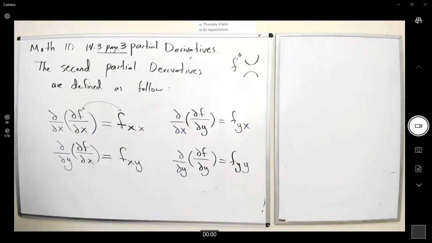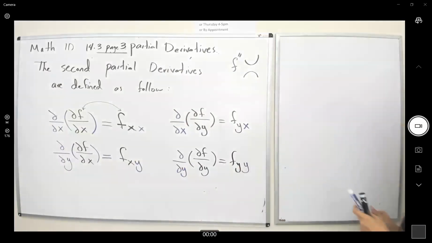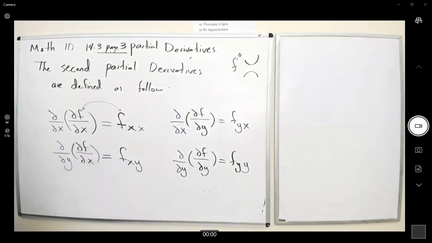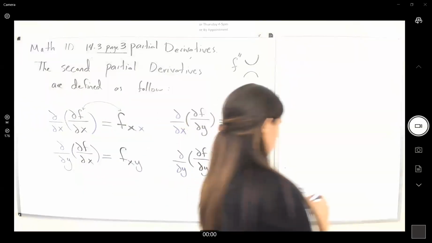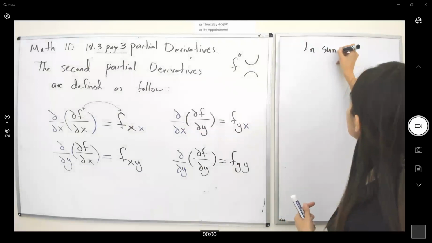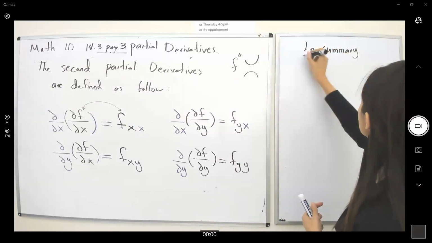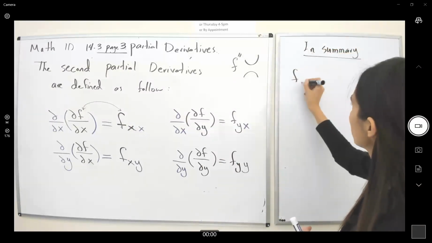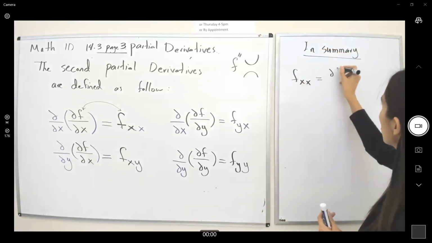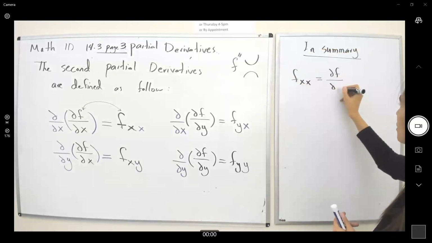So we can write them this way. Let me just list all of them here for you on the right-hand side, so we can go over examples on the left-hand side. In summary, f of x and x is equal to the partial derivative of f with respect to x.